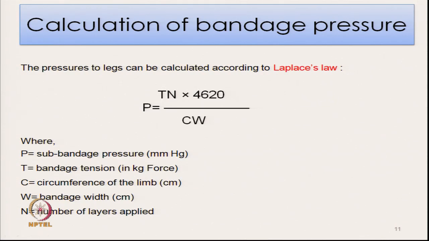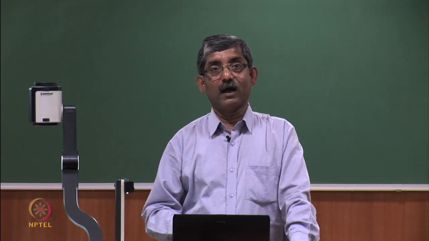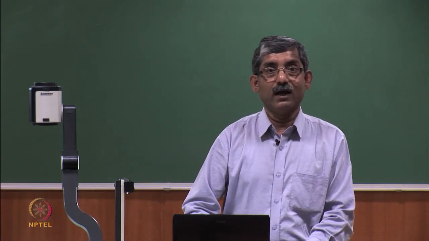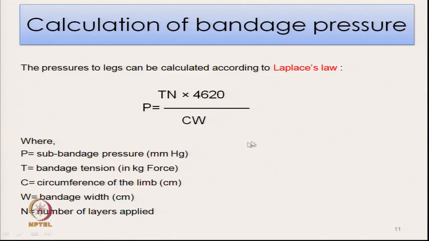If we know the tension of the bandage during wrapping, the circumference of the limb, the number of wraps and the width of the bandage. So, from this equation we can see if we use higher tension then pressure will increase, higher number of wraps, pressure will increase, and it is inversely proportional to the circumference of the limb.